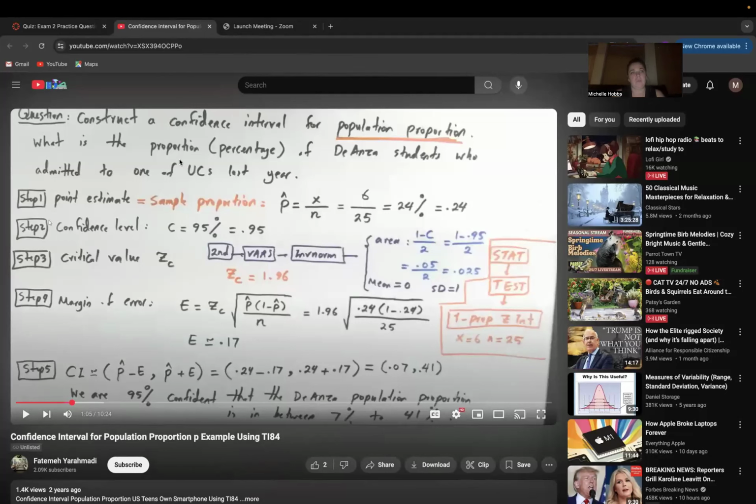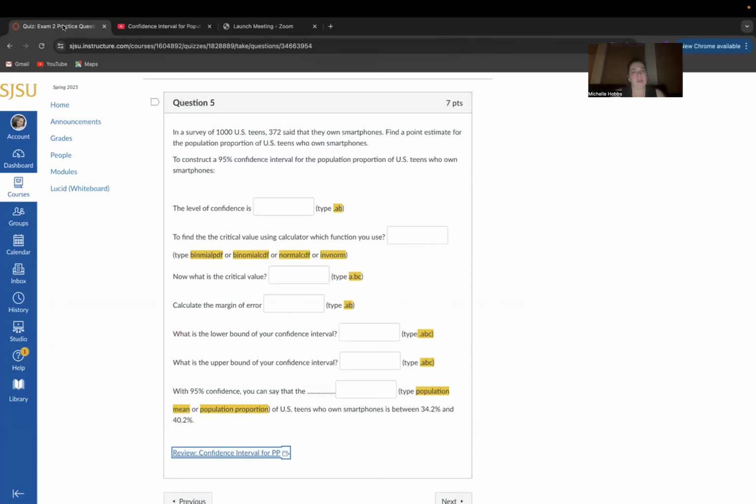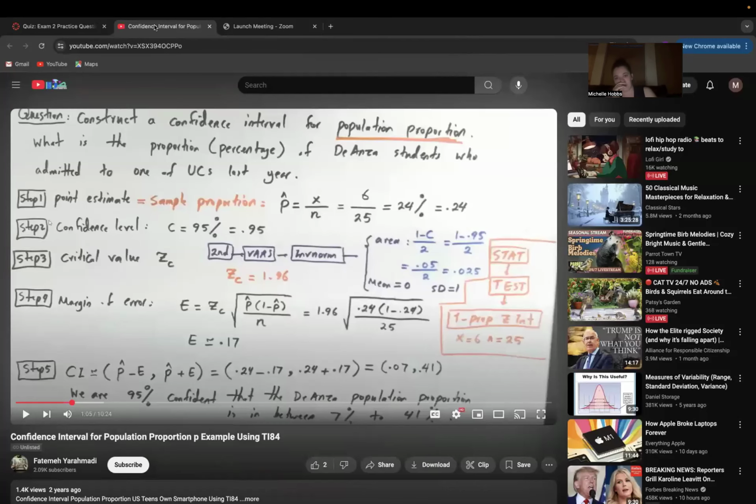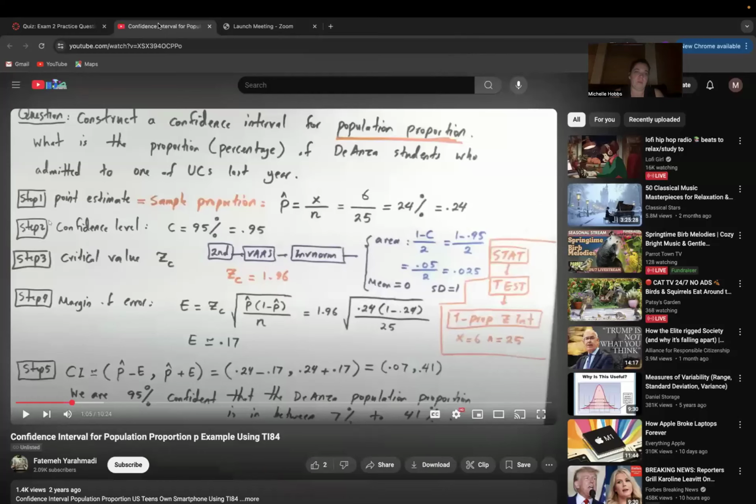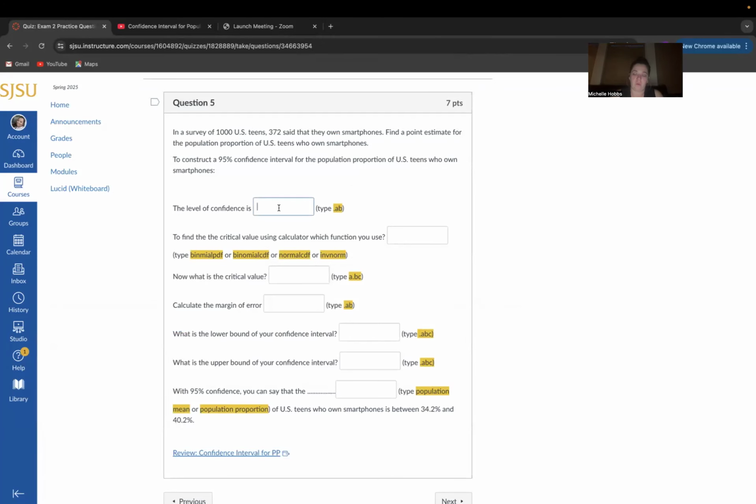Construct a confidence interval for a population proportion of teens who own smartphones. It looks like this is the whole breakdown here. So the confidence level is going to be 0.95 for the 95%.